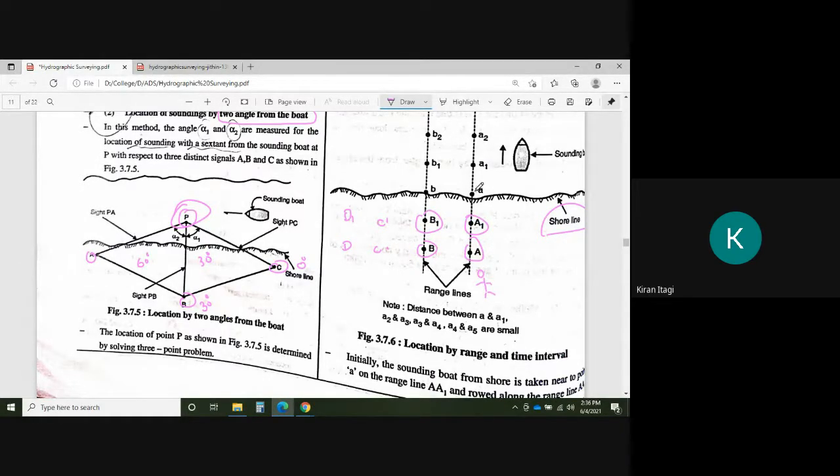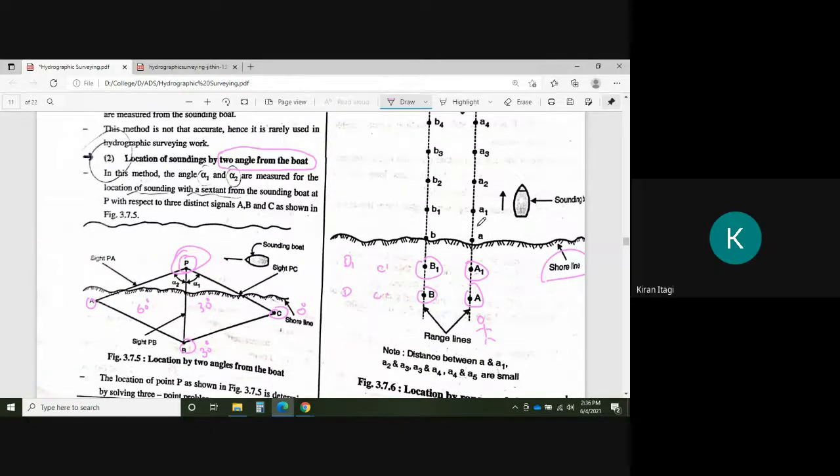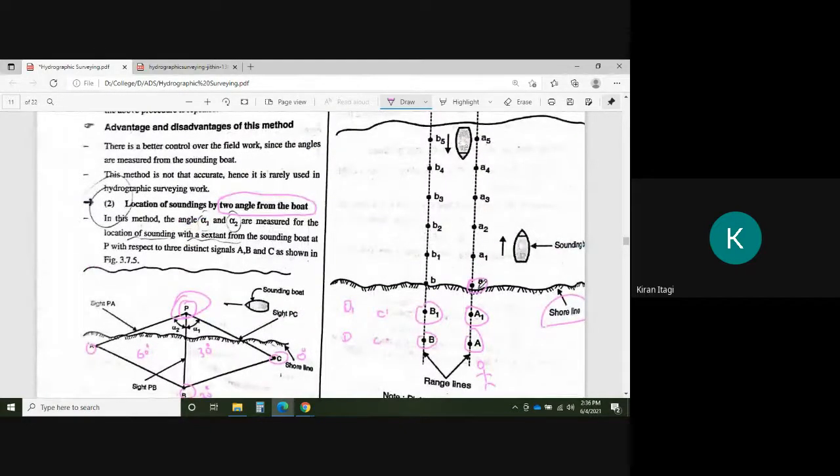I will start my boat from here. It should go in a straight line, and the speed will be constant.